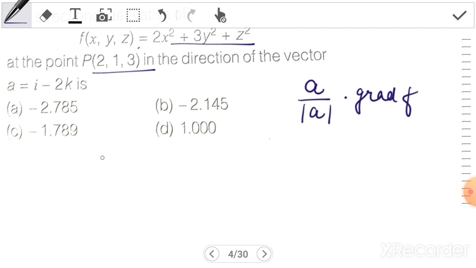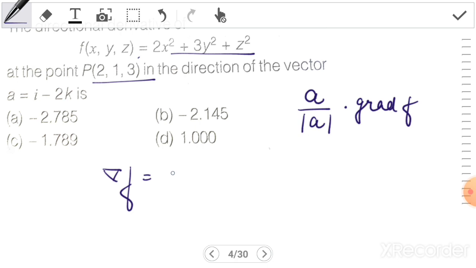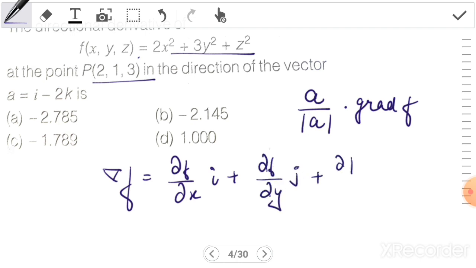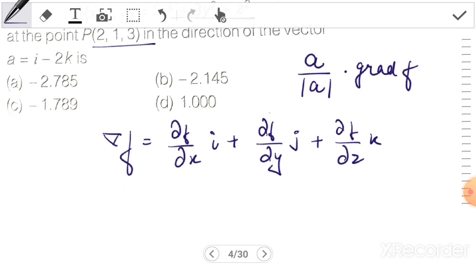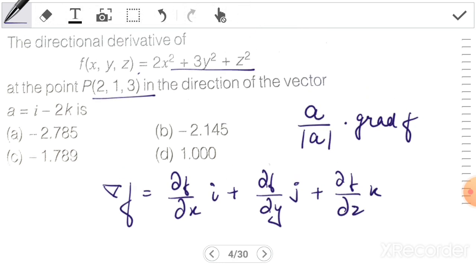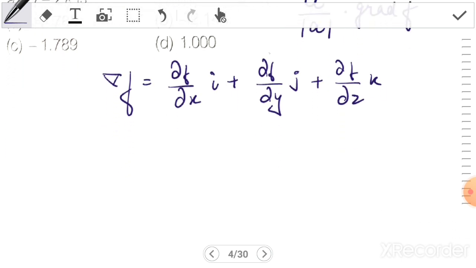Okay. So let us find gradient f, which is del f by del x i plus del f by del y j plus del f by del z k. Okay, so 4x i plus 6y j plus 2z k. Yes, 4x i plus 6y j plus 2z k.